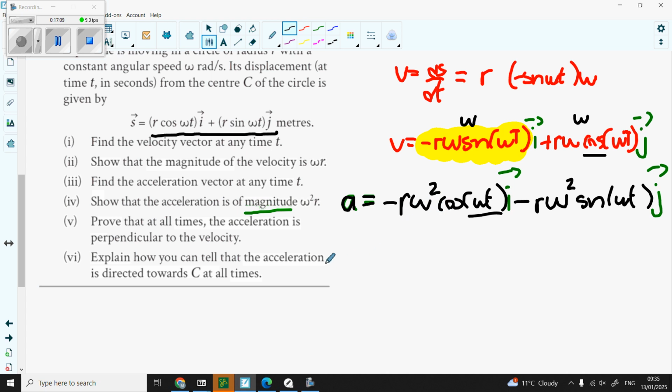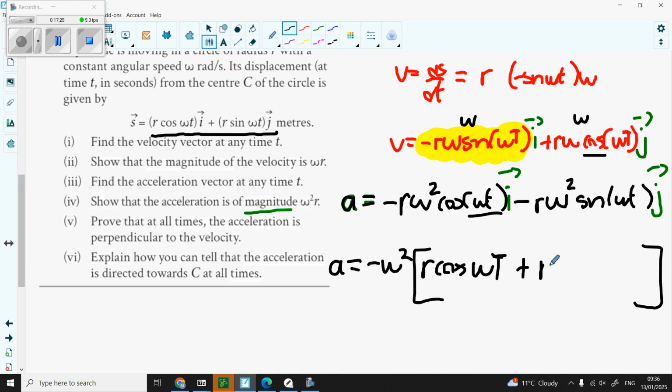Okay, so here's what I'm going to do. I'm going to factorize out minus omega squared, and look what happens. See the way I factored out minus omega squared, yeah? And what you're going to be left with is r cos omega t plus r sine omega t.